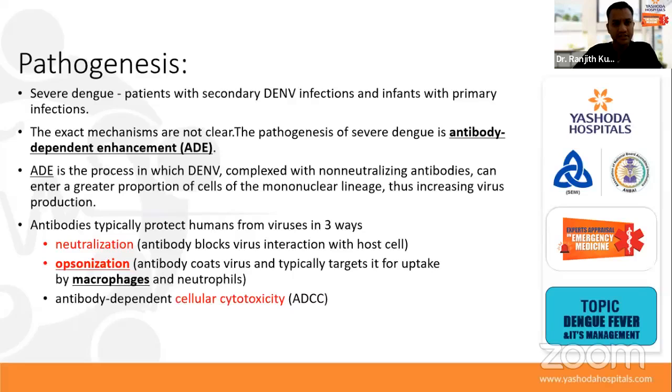Coming to the pathogenesis of dengue virus. Severe dengue is usually seen in patients with secondary dengue infections and in infants with primary infections. The exact mechanism of the pathophysiology, the cause of severe dengue, is not known. It is mainly assumed to be due to antibody-dependent enhancement, others being neutralization and opsonization, and antibody-dependent cellular cytotoxicity.